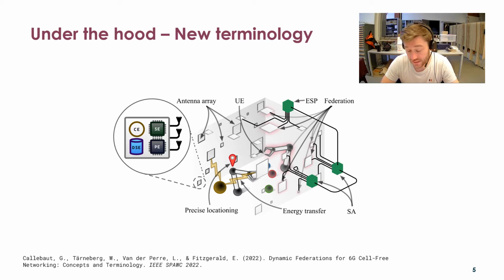These CSPs can have different resources, can have one antenna, more antennas, or even none. More information about this terminology can be found in the reference paper at the bottom of the slides.